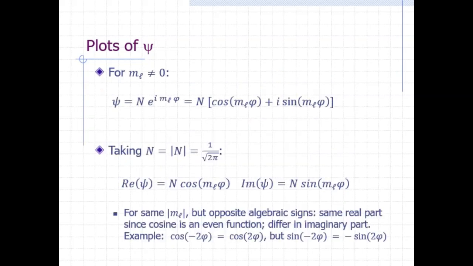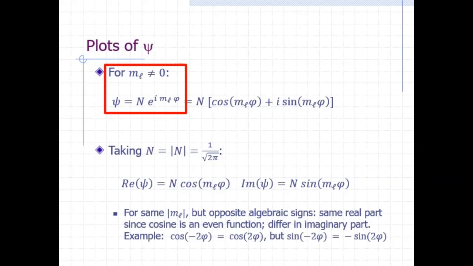What about wave functions for non-zero m sub l's? Recall that both positive and negative integers are allowed values for m sub l. We can see that psi is complex. Remember that psi is equal to a normalization constant n times e to the power i times m sub l times phi.